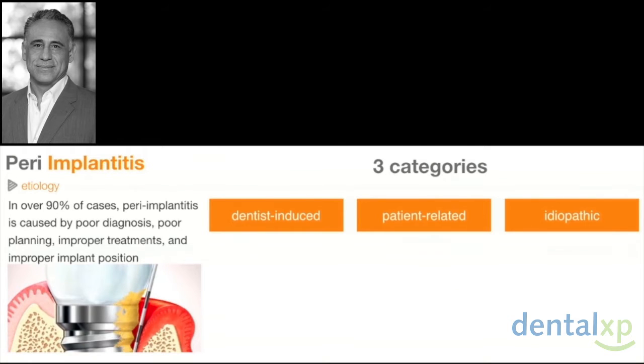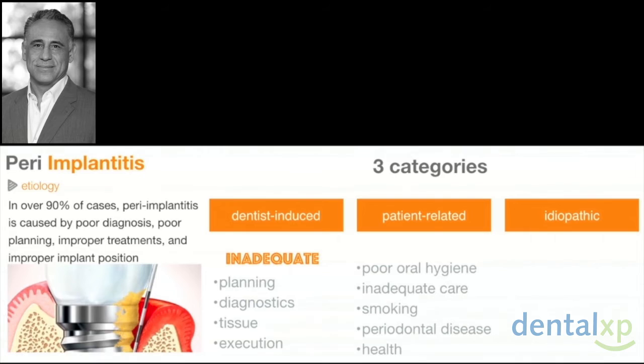One was dentist-induced, the second was patient-related, and the third category, to a smaller percentage, was idiopathic, no known cause for it. The dentist-induced etiology for peri-implantitis, again, was mostly related to planning, diagnostics, inadequate tissue, and inadequate or poor execution, as we discussed earlier.